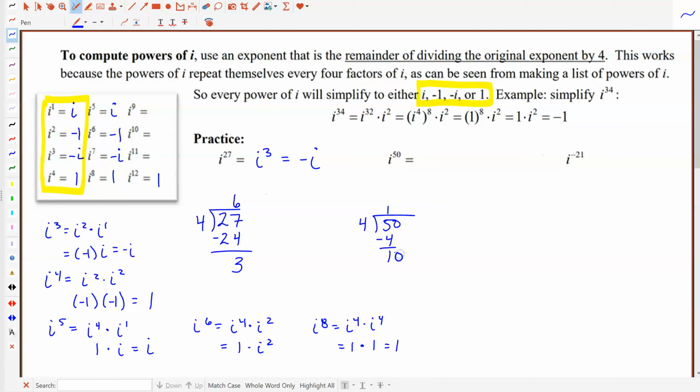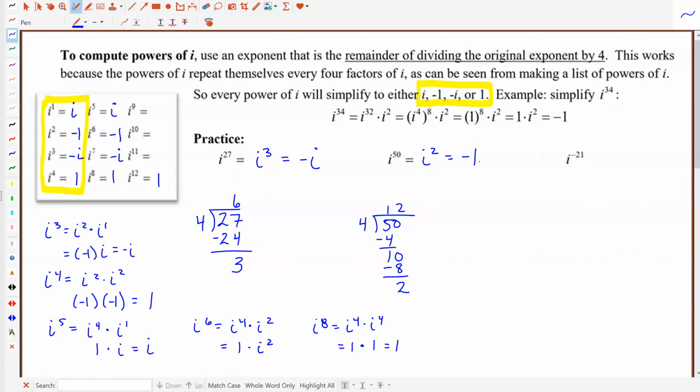We're going to bring down the 0. 4 goes into 10 2 times, with 2 left over. I want the leftover, I want that remainder, because that will tell me what power is left over after I pull out the multiple of 4. So i to the 50th power is equal to i squared, and i squared simplifies to -1. All right, very cool.